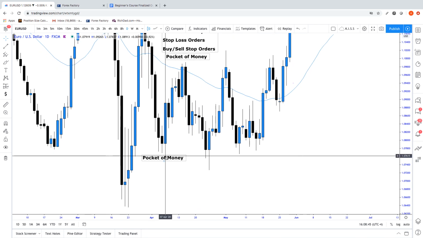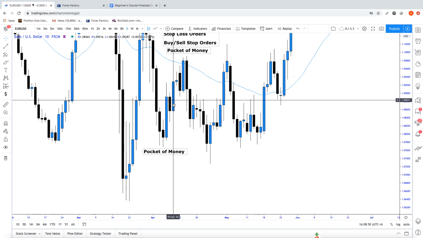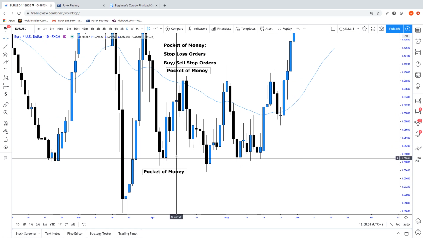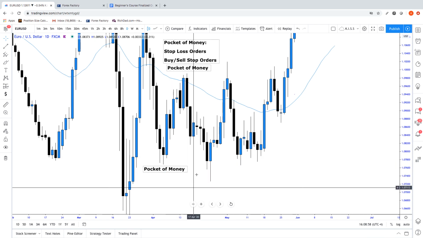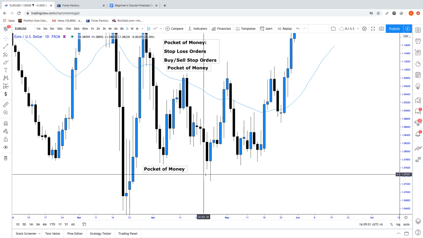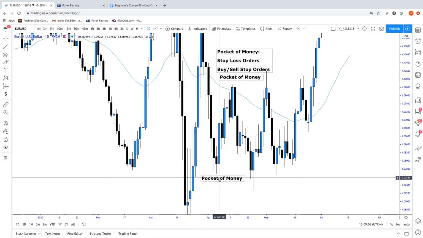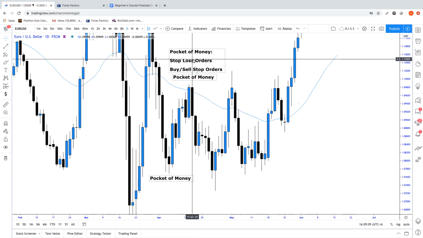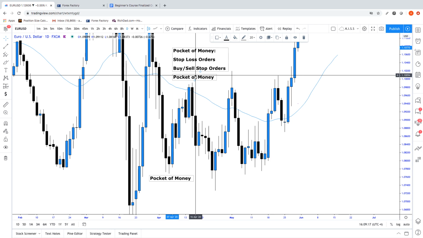Below the low, we have stop losses for people who bought and placed their stop loss below the low. And we have sell stop orders, where if price trades past the low, it automatically triggers the trader into a short position. So we have to understand exactly what this pocket of money is: stop losses and pending orders, sell stops and buy stops.